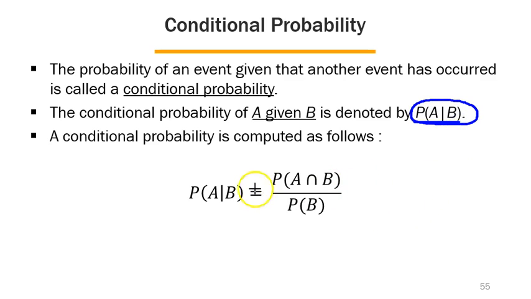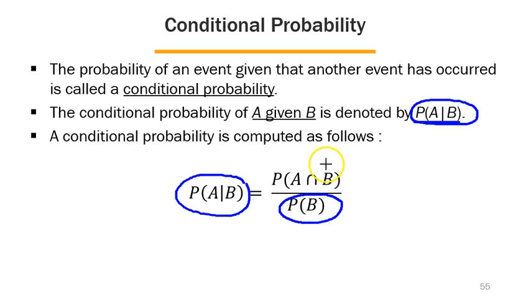Well, when we're computing the probability of A given B, what do we have in the numerator? In the numerator we have the probability of A intersect B, so this is the probability that they both occur, sometimes called the joint probability, and it's divided by the probability of B, which we sometimes would call the marginal probability. So that's the expression.